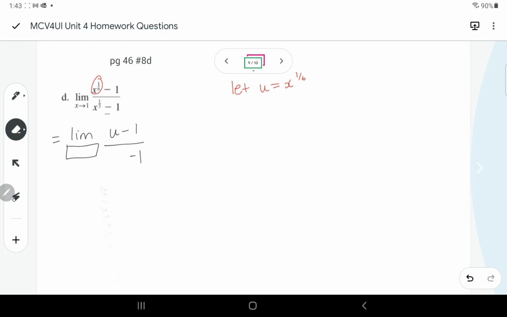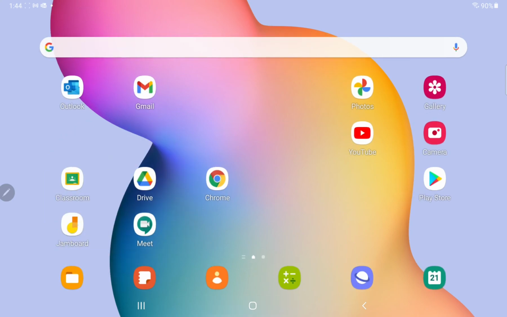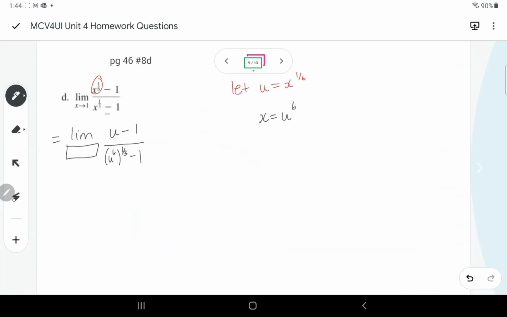That's just to remind you what we've got going on. So we would then know that x would equal u to the exponent 6. So where I have the x, I've got something to the 1/3. I'm going to put u to the 6 in there. And we'll have to simplify that a little bit.